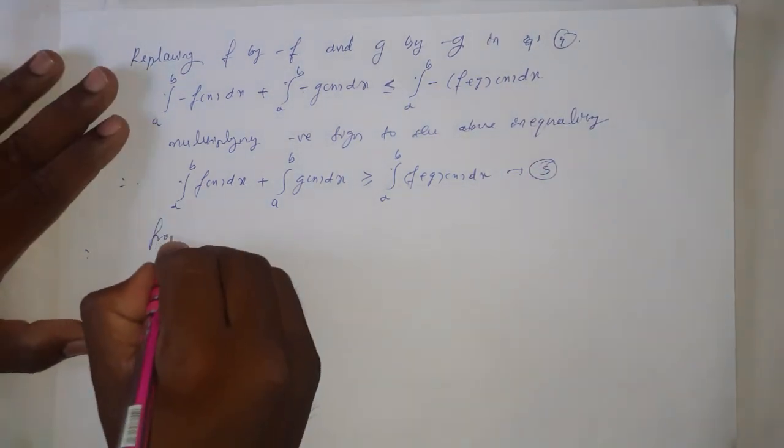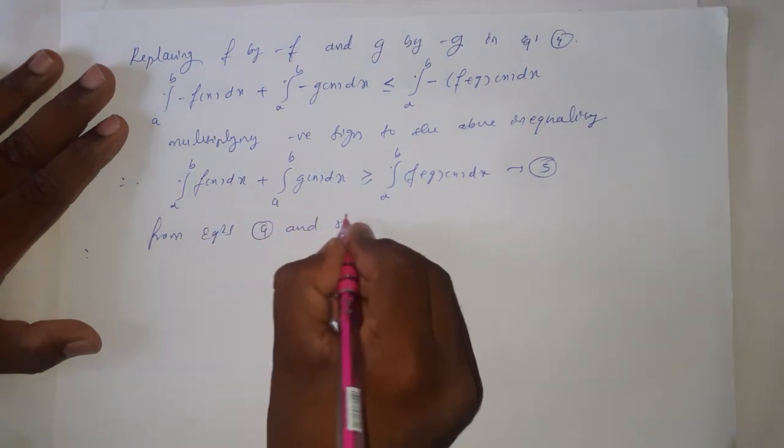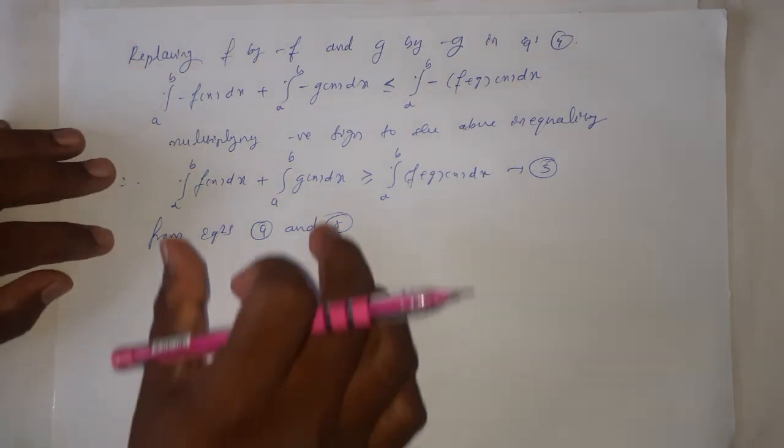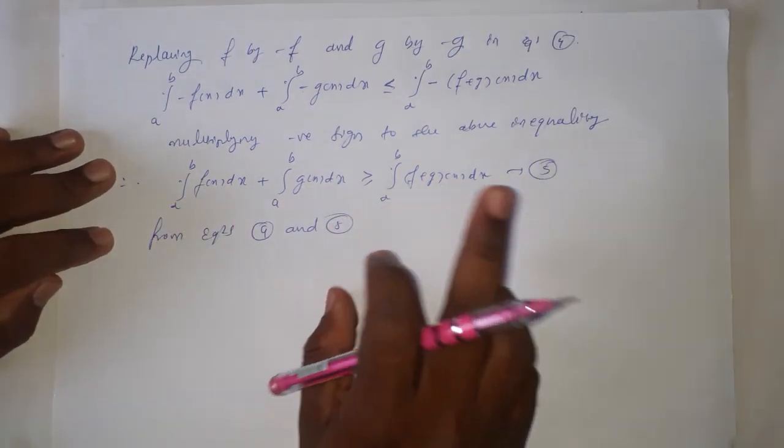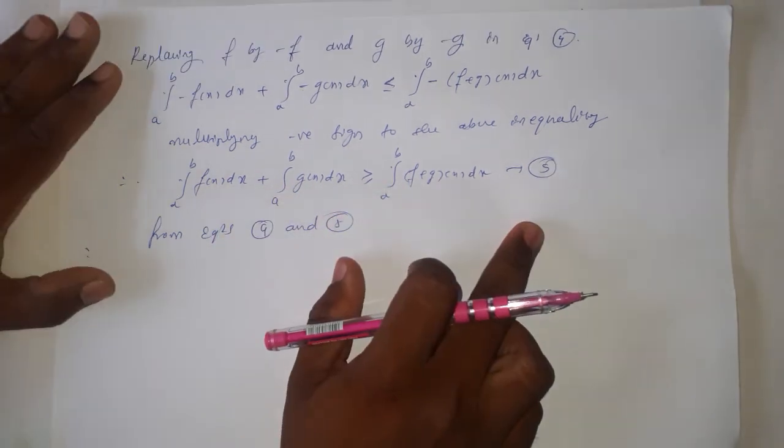Now, from equations 4 and 5: in equation 4 the LHS is less than or equal to the RHS, and in equation 5 the LHS is greater than or equal to the RHS.